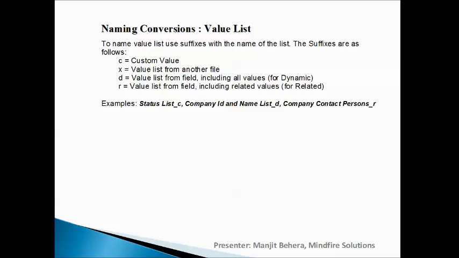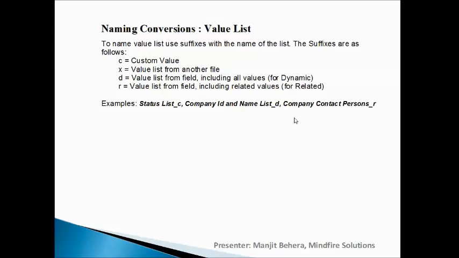And it's just the naming, dynamically it's taking all the company IDs and names list, and it might vary from time to time, depending upon the number of companies in the database.